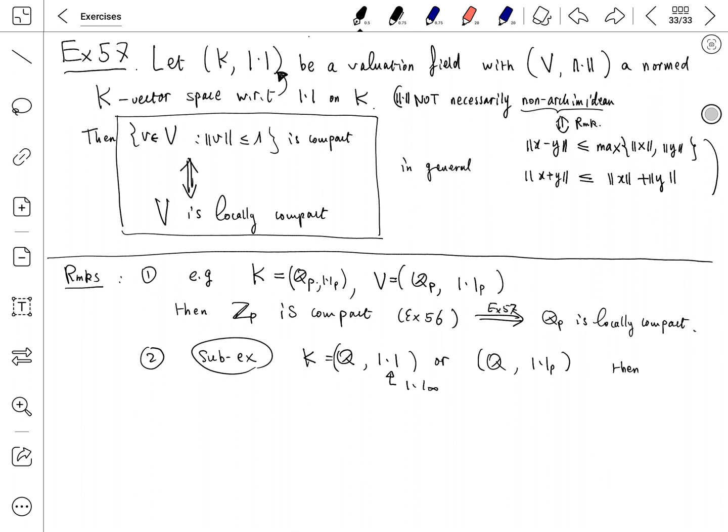Of course the statement here doesn't say that the statement fails, but the fact that V is locally compact is not satisfied in this case. And so this exercise will have no application in the case of K equals Q.